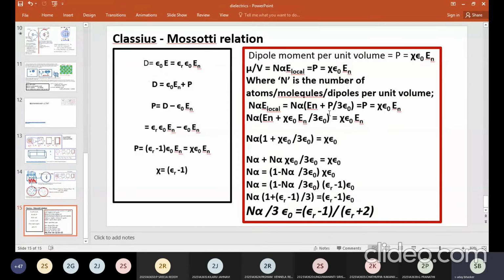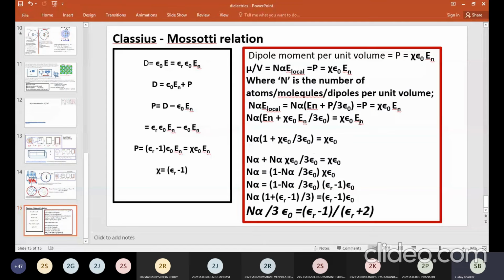I just multiplied this term on both sides and got this expression. In place of P, I substituted psi epsilon naught En.